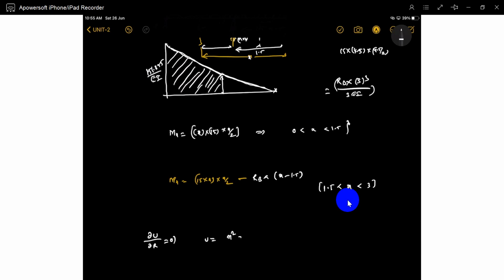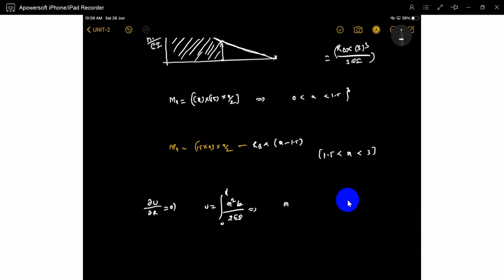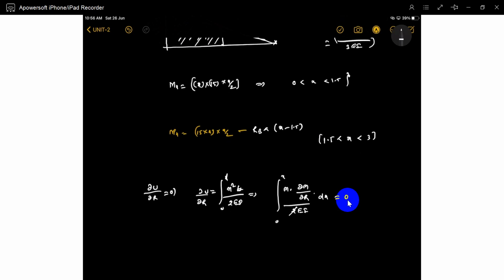Integration of M square dx by 2EI, from 0 to L. And also I integrated M dou M by dou R. So that is dou U by dou R, with M dou M by dou R divided by EI. We already did this.